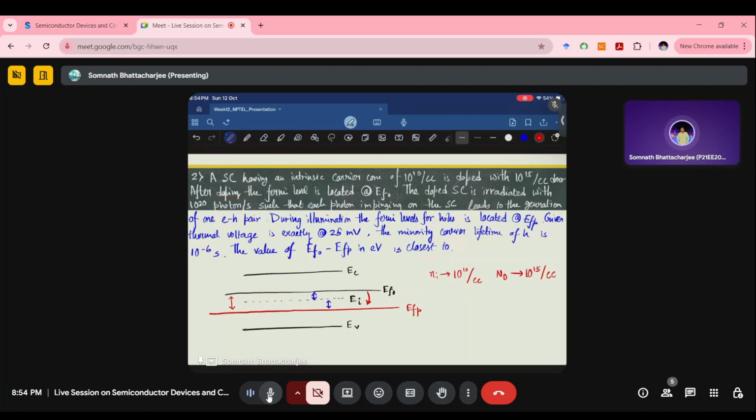So it is enough to just calculate the value from EI to EF naught. Let's write it like this.